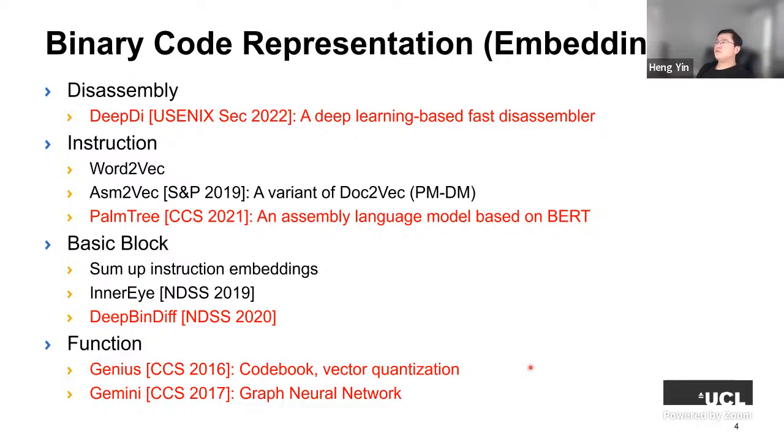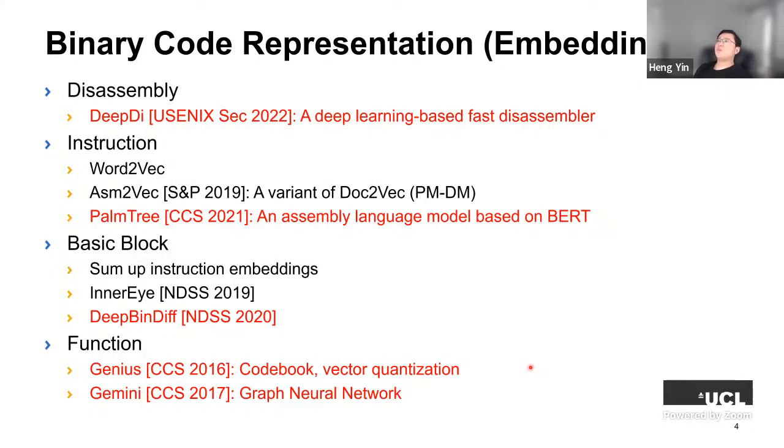I'm not going to feed just raw bytes to the deep learning model. I have to disassemble the binary such that at least I can give you instruction-level information. But disassembly by itself is already pretty hard for binary code. So essentially, the very first thing we need to think about is a good disassembler.